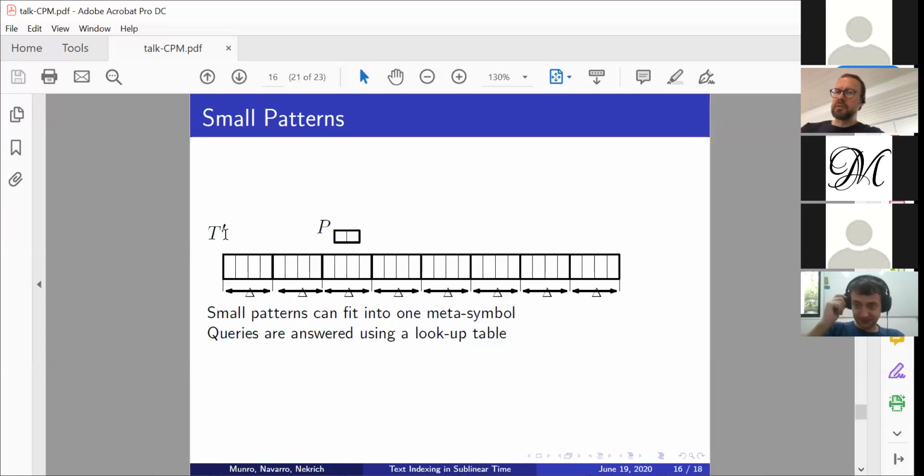So we cannot apply this approach with range searching and LCE queries and so on in this case, but fortunately we'll make delta small, and therefore this special case can be dealt with using lookup tables. Again, lookup tables can be constructed quickly.